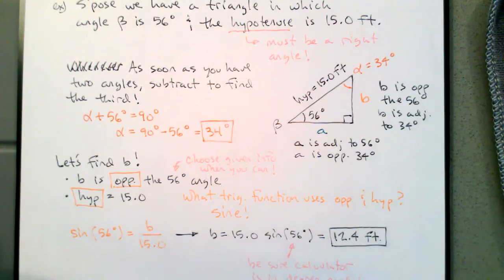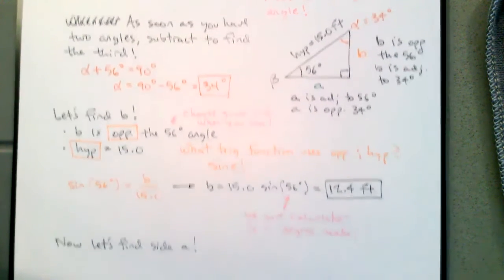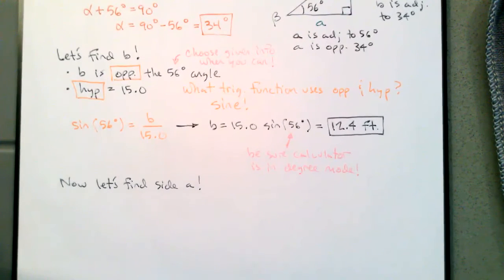So now let's find side A. At this point, we have a choice to make. I have the hypotenuse and one of the legs. I can use the Pythagorean theorem to find the third leg. However, that 12.4 has been rounded. That makes it a little bit dangerous. We might introduce rounding error.